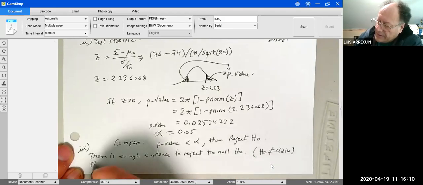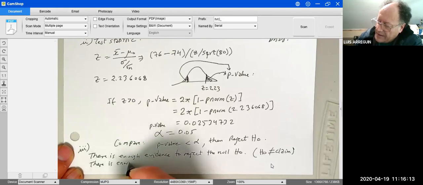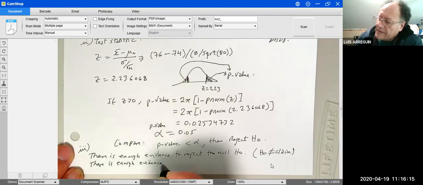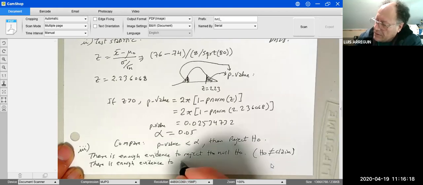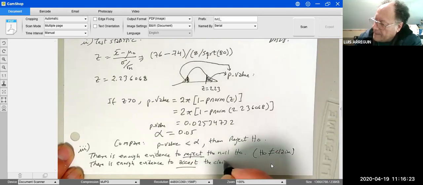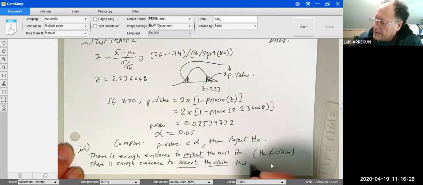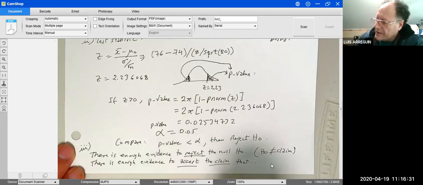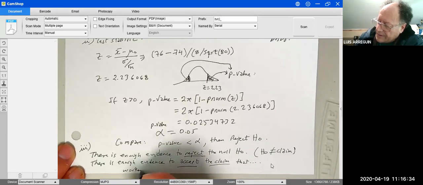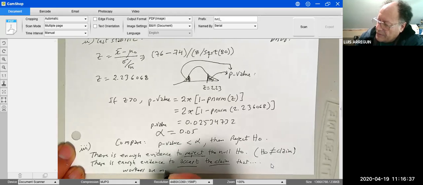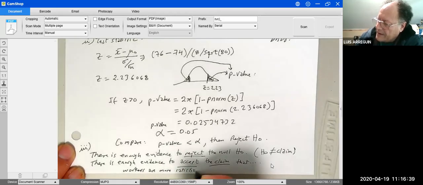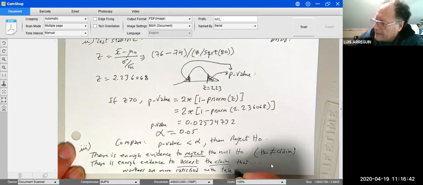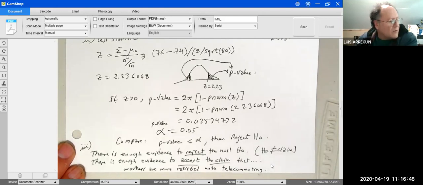So they are different, so we're going to write there is enough evidence to accept the claim that workers are more satisfied with telecommuting. So that's the final conclusion.